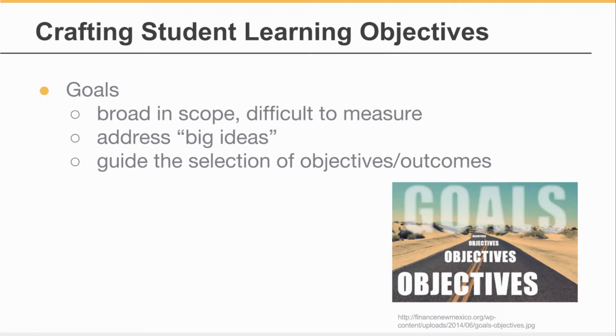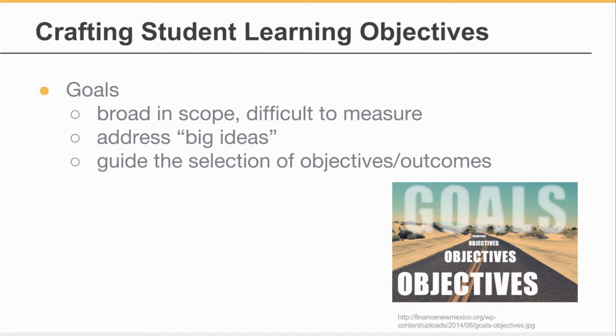I wanted to take a moment to ensure we have a shared understanding of the main terms related to learning objectives. The terms goals and objectives are used a lot in common speech, but sometimes the difference between them is confusing. So to be clear, when we talk about course goals in higher education, these are usually established when a course is first created, and they remain fairly consistent over time.